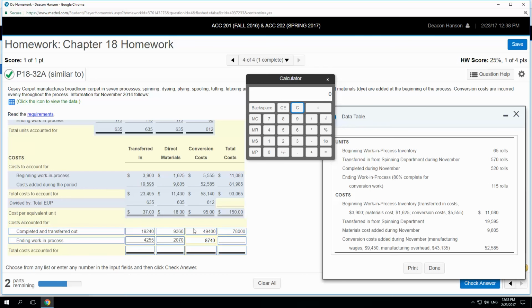Okay. Now it's just a matter of doing the subtotals and the cross footing. So we'll go across first. And then we have to add downwards.